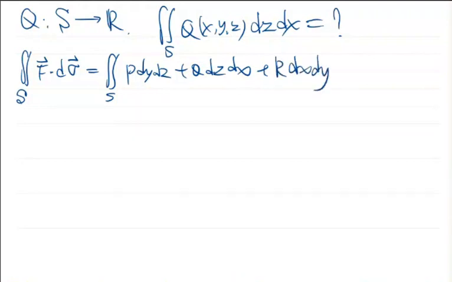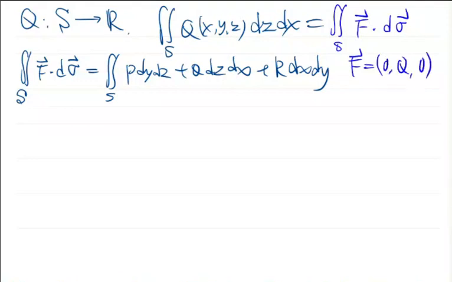We see that we can interpret this integral to be the flux integral of a special F, where this F has two zero components.